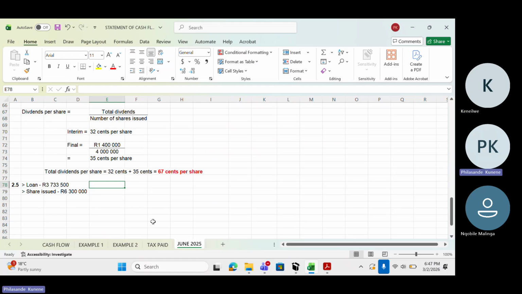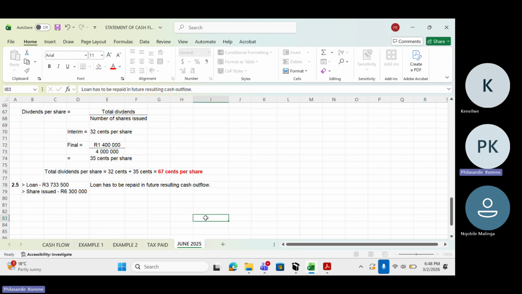Loan has to be repaid in future, resulting in cash outflow. That is the negative effect on our cash flow, because we need to pay this loan together with interest, not just the loan amount only. They are also going to charge us interest here.